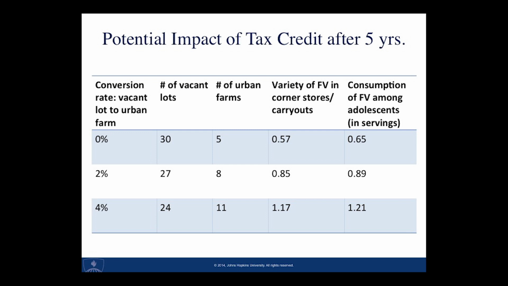And this is associated with increases in the variety of fruits and vegetables available at corner stores and carryouts, and an increase in the consumption of fruits and vegetables among adolescents in terms of total servings. If we look at a higher rate of conversion of 4% per year, we see that these numbers increase further.